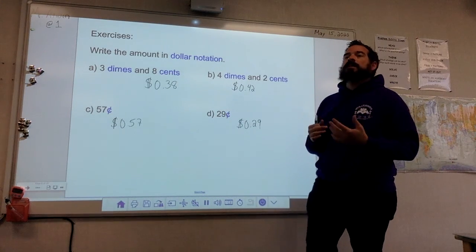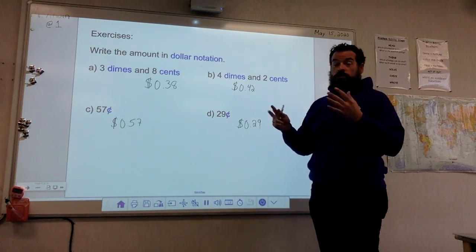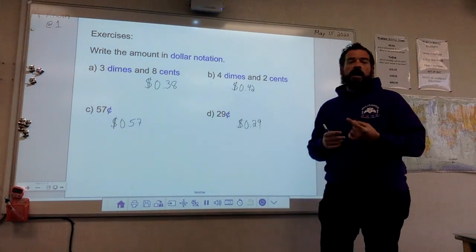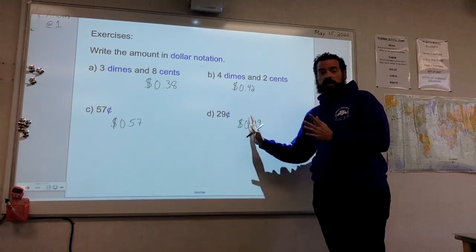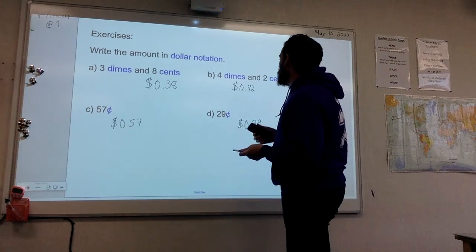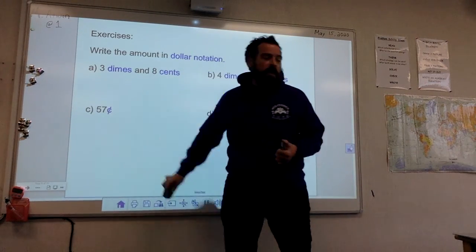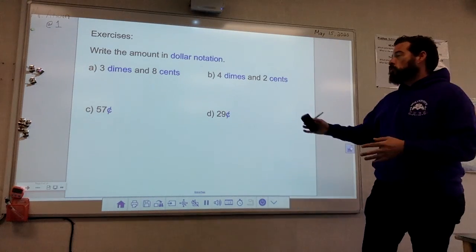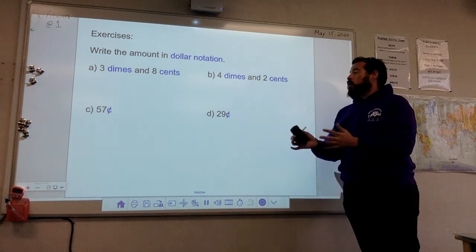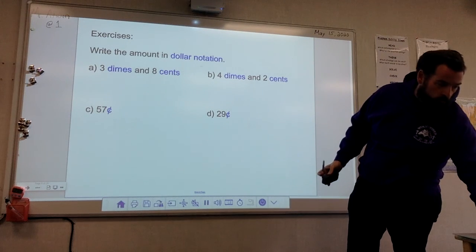And the reason we're doing that is because we're basically dividing that by 100. Because remember, we're talking about fractions of a dollar, fractions of a whole. So we're putting it into hundredths there. So that is why you'll see the decimal point move in that way. And that'll be more important when I start showing you amounts that are in cent notation but show more than 100 cents, which we will get into.